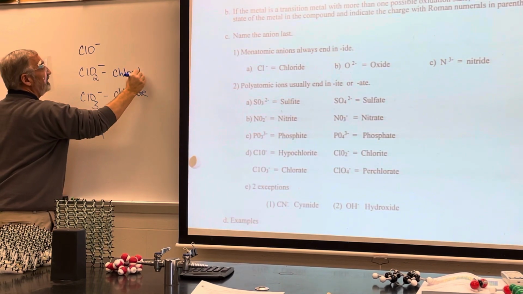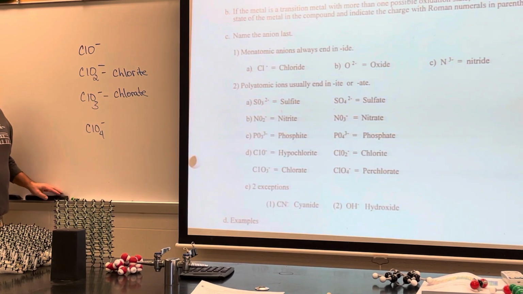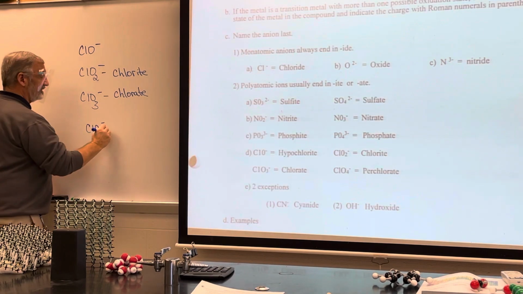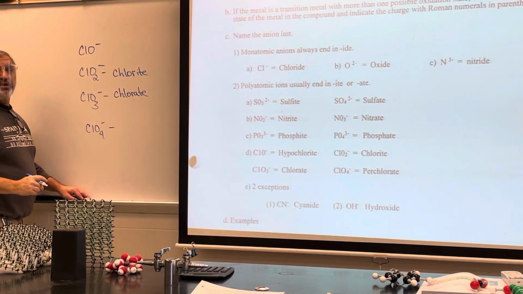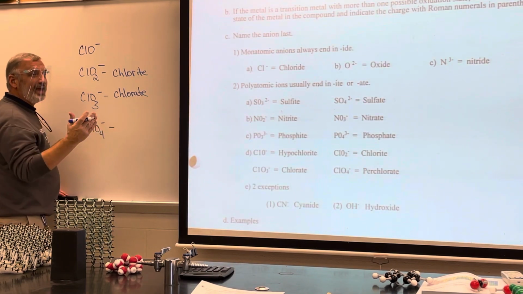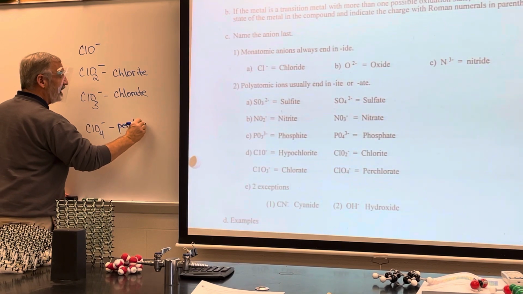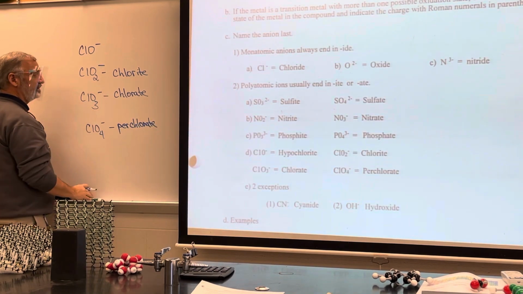But they only have 2 suffixes, but they have 4 ions. So we had to come up with some prefixes. Well, what's a prefix for over, an overactive child? Hyper. They take the hy off and just call it perchlorate, but that comes from hyper chlorate.